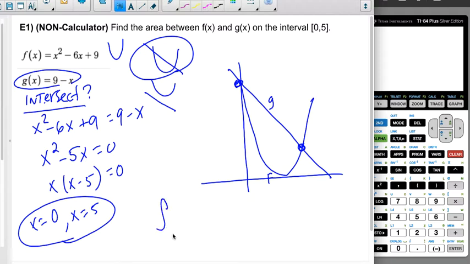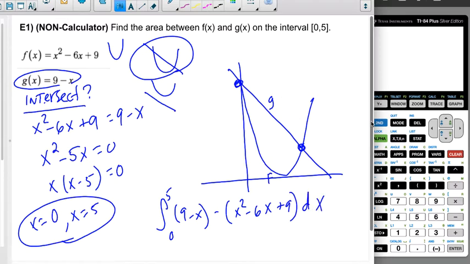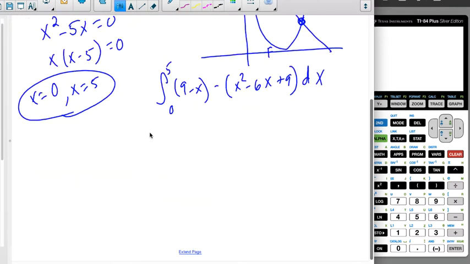So I want to integrate from 0 to 5 of the top curve, which is 9 minus x, minus the bottom curve, which is x squared minus 6x plus 9 with respect to x, right? So top minus bottom. So this is going to be a 9 minus x minus an x squared plus a 6x minus a 9, which I'm going to clean up before I integrate because it'll make my life a lot easier.